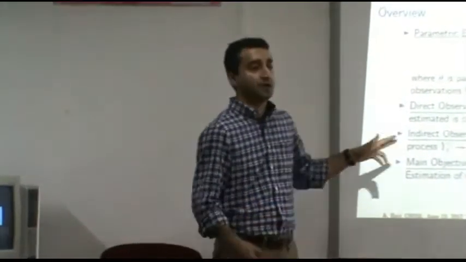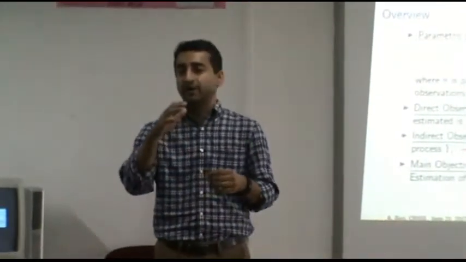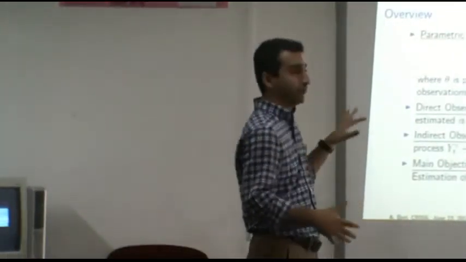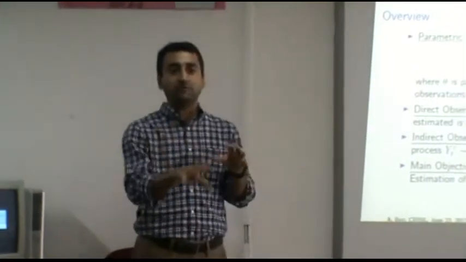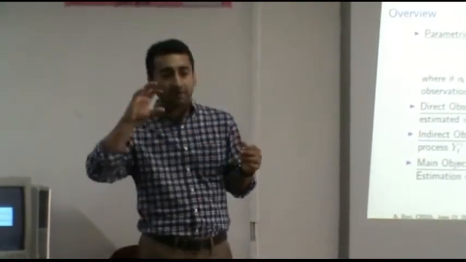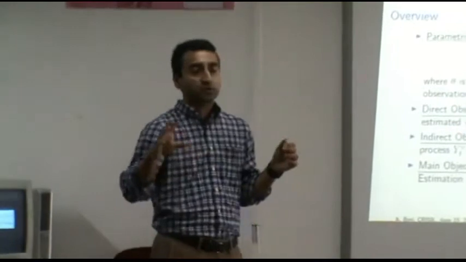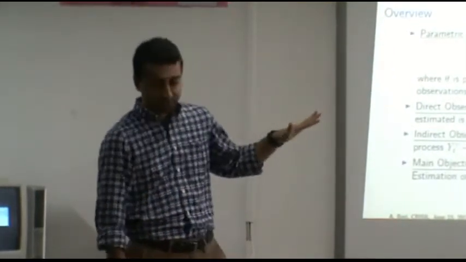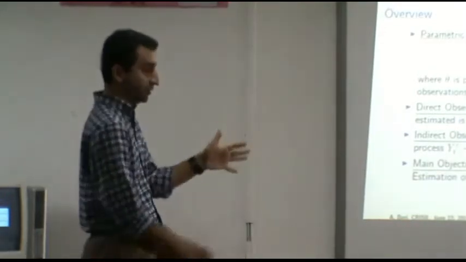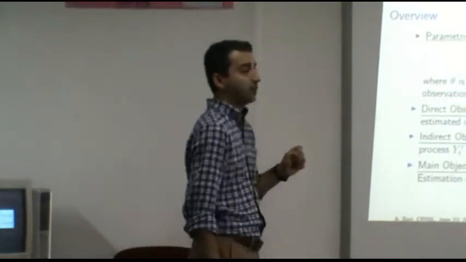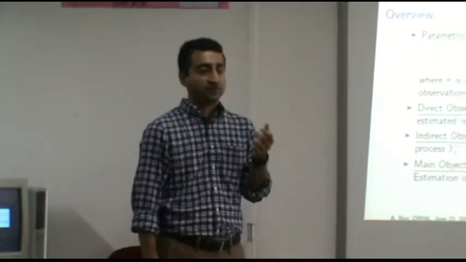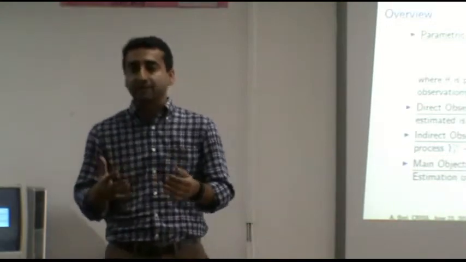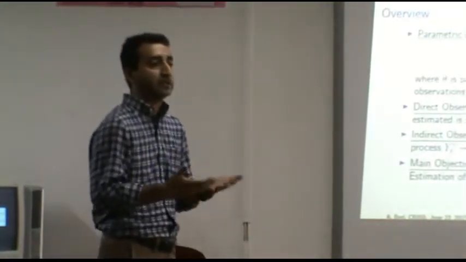Let's call that process Y^epsilon. It is indexed by some small parameter epsilon, and as epsilon goes to 0, this process Y, which is our observable process, converges to the true process X_t, which is unobservable. Of course, I will state in the general framework in which we study this in what sense this convergence is true. So indirect observability is the case when there is some sort of discrepancy between the data and your model.